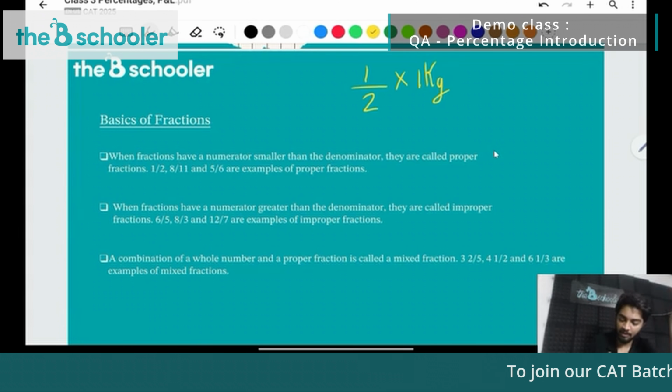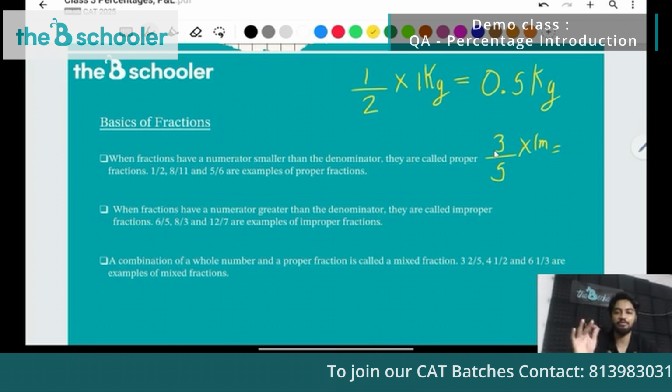Same if I say 3/5 of something, what we mean is divide that item into 5 and pick only 3 parts from it, and whatever value we get is what is meant. For example, if I say 3/5 of 1 meter, a 1 meter rod, I want 3/5 of the 1 meter rod.